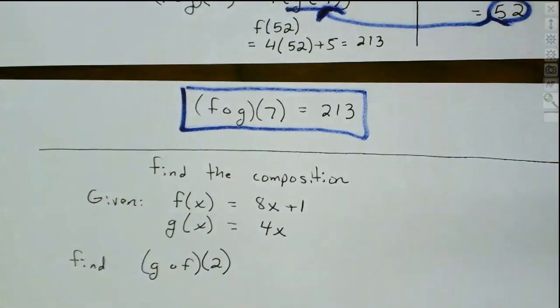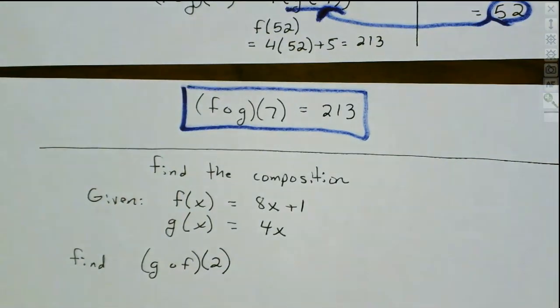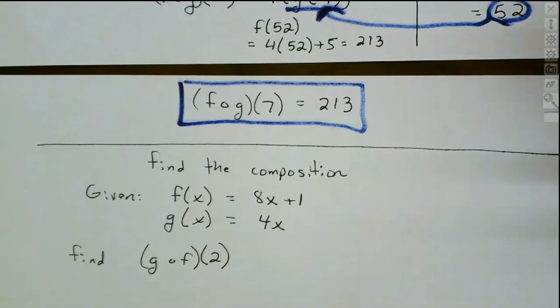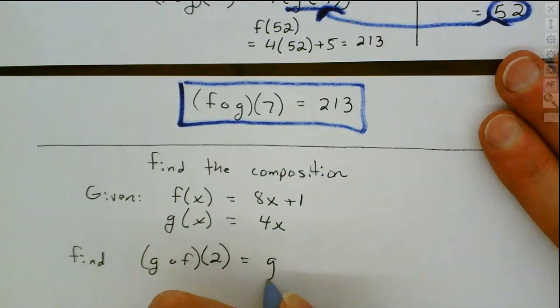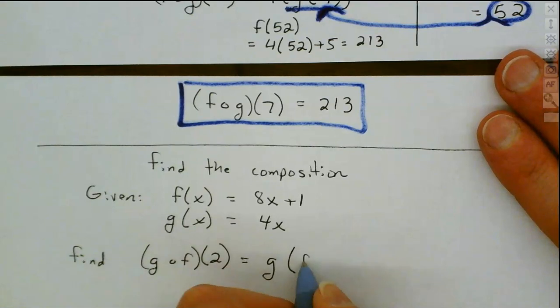So you have to be careful with the order. Order is important here. Which one is going first? Now, g is out in front, so g comes along first. And what's inside? F of what?